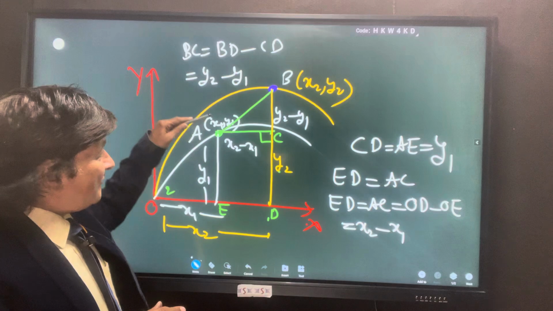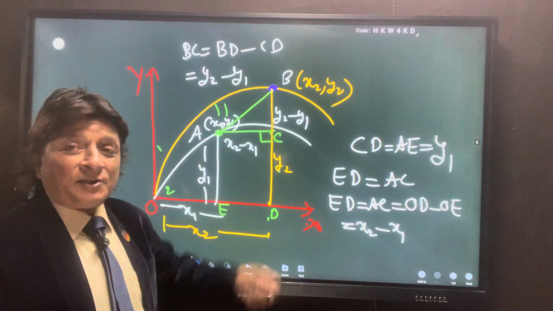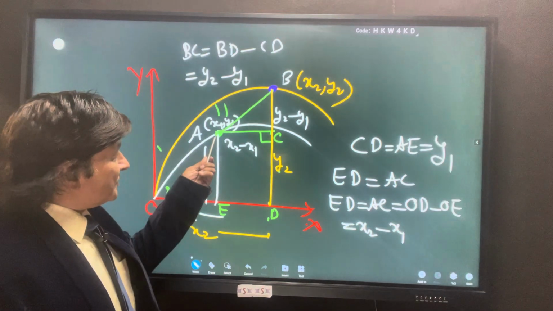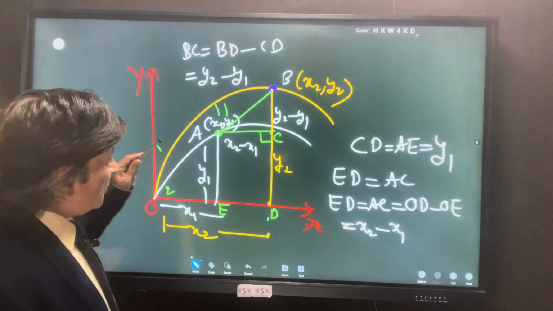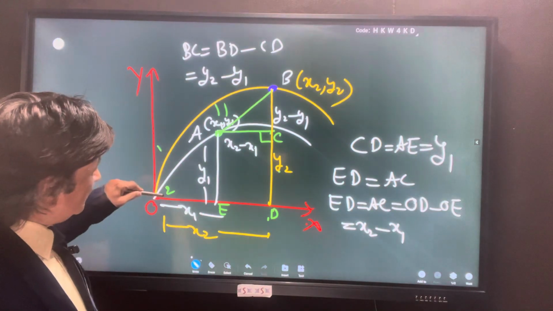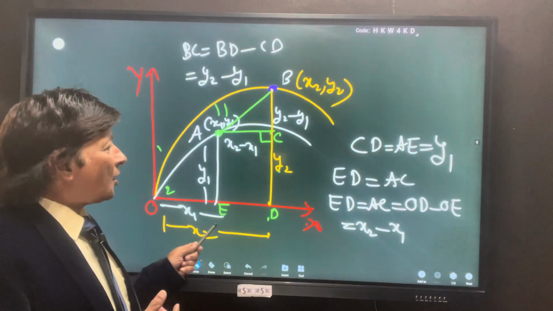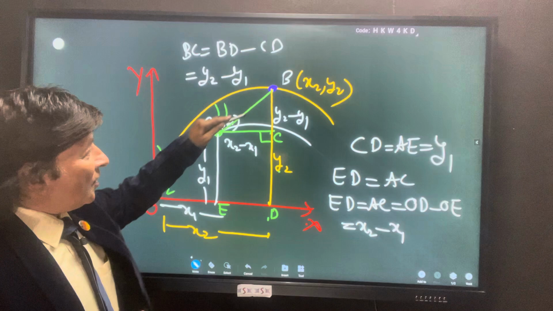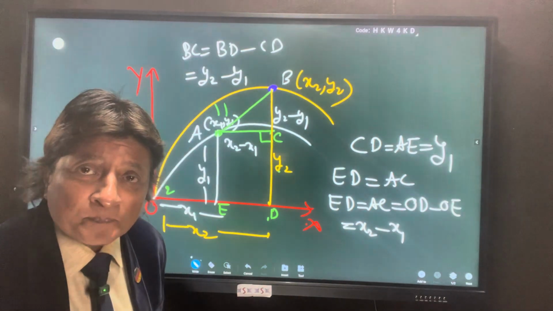A has coordinates x1, y1. B has coordinates x2, y2. The observer is observing from A to B, meaning one observer is sitting in 2 and one in 1. The one in 2 is observing 1, so its coordinates are x1, y1 and B's coordinates are x2, y2.